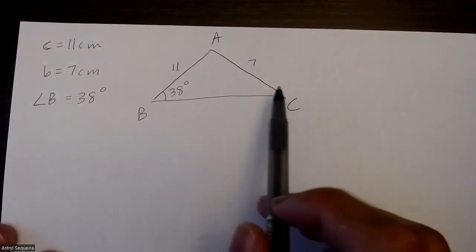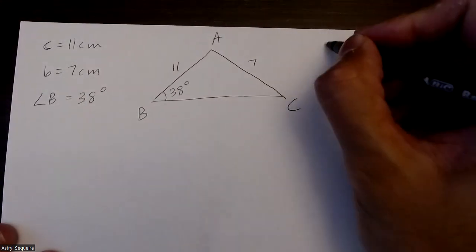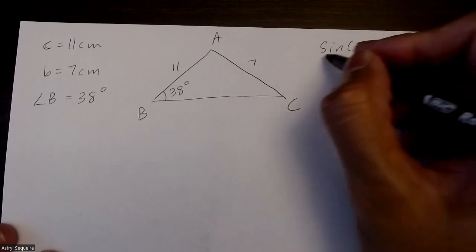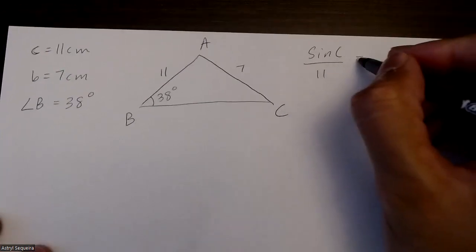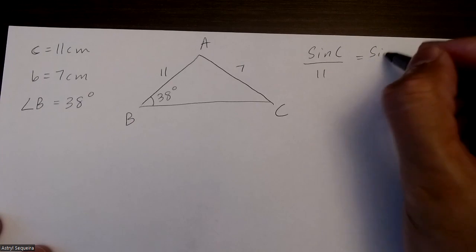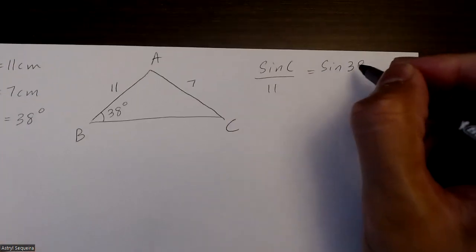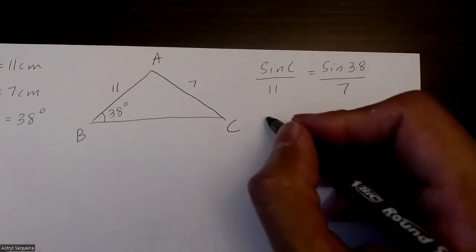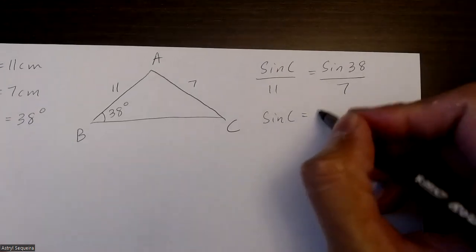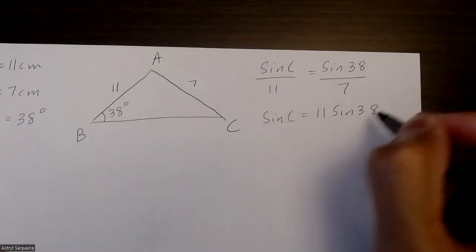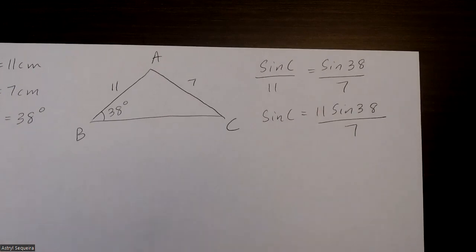I'm going to start by finding angle C. I'll use sine law. So sine C over 11 equals sine 38 over 7. Sine C equals 11 sine 38 over 7.